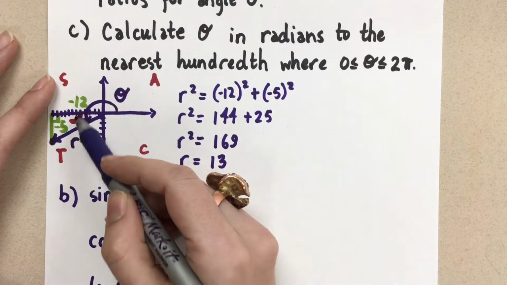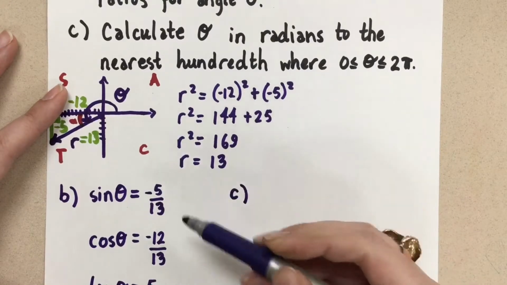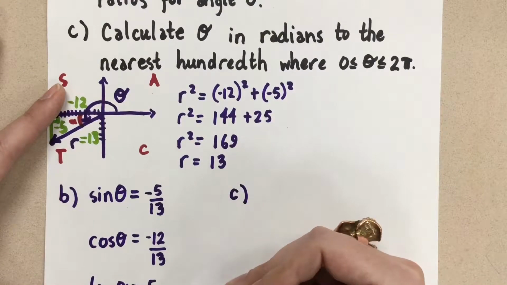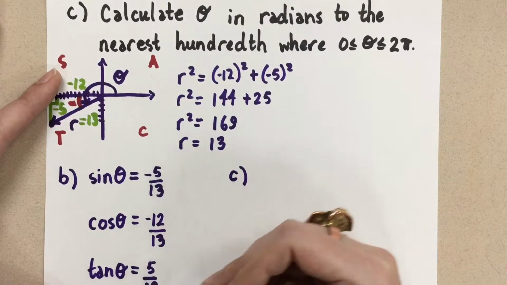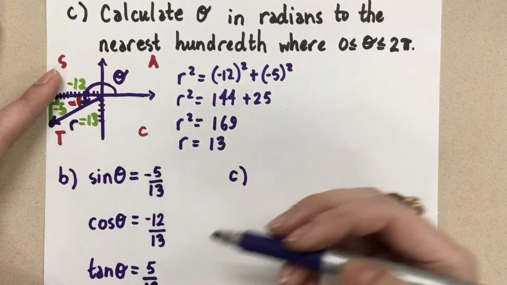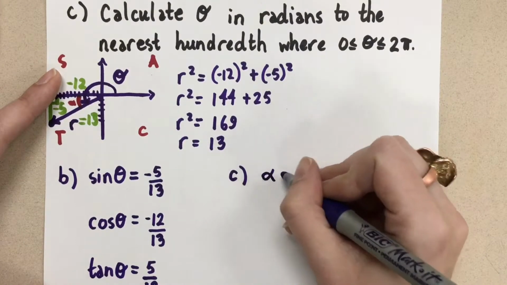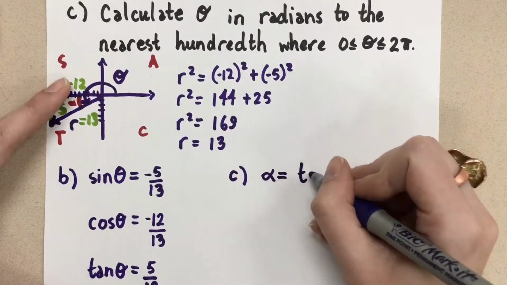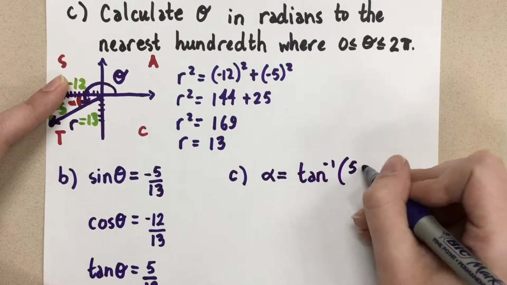But to find that angle theta, we first need the related acute angle. You can choose any of your trig ratios to calculate the angle. I'm going to use the tangent because it gave us a positive value, but it doesn't matter what you use. So the related acute angle will be the inverse tangent of 5/12.